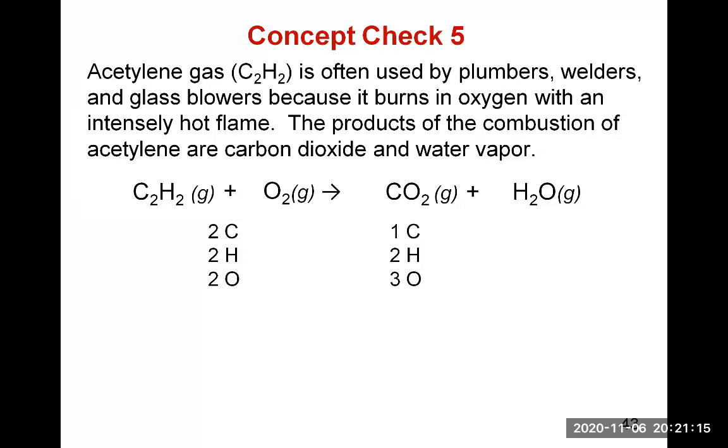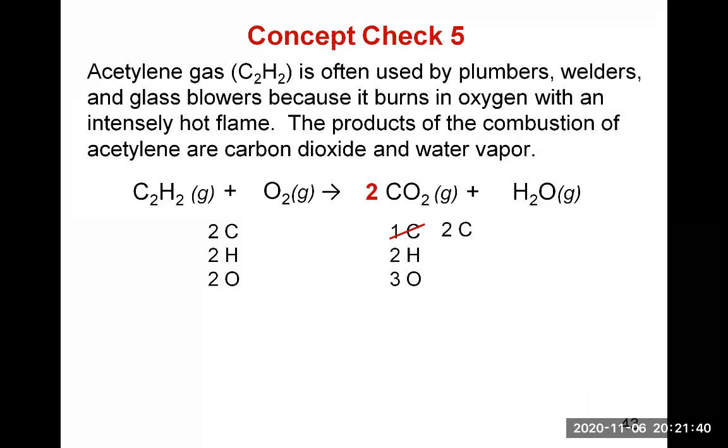So carbon, we have 2 carbon on the left. We want 2 carbons on the right. And so we will use a coefficient of 2 in front of CO2 to make it 2 carbons on the right. Hydrogens, it's balanced now. Whenever you place a coefficient in front of CO2 here, it changes the carbons, but also the oxygens.